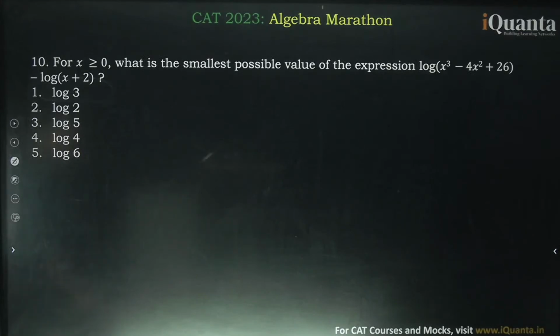For x greater than or equal to 0, what is the smallest possible value of the expression this minus this?